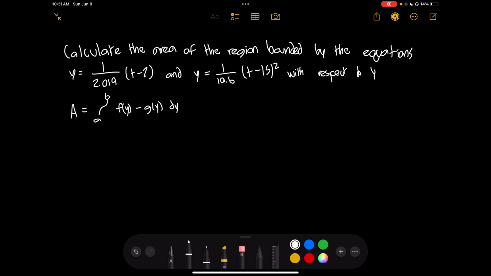So our first step is to change the equations in terms of t into terms of y. So we will do that by solving for what t equals. So for our first equation, we will multiply over 2.019, and then add 7 to both sides.